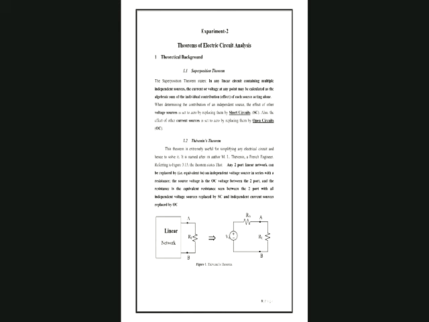Thevenin's theorem says that any two-port linear network can be replaced by an equivalent independent voltage source in series with a resistance. The source voltage is the open circuit voltage between the two ports, and the resistance is the equivalent resistance seen between the two ports, with all the independent voltage sources replaced by short circuits and independent current sources replaced by open circuits.